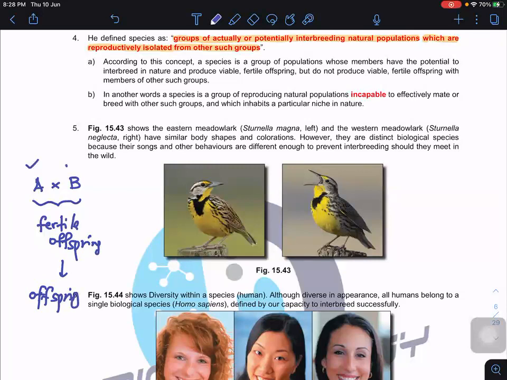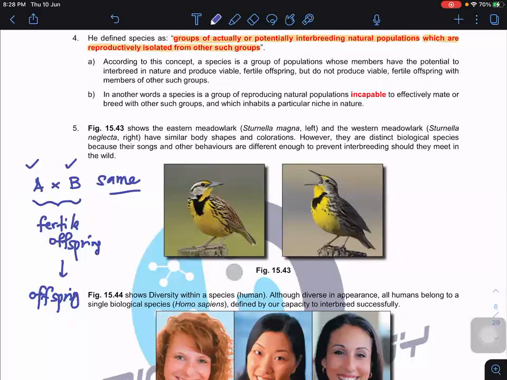That is the idea of the biological species. Are you clear? If they can produce fertile offspring, meaning the offspring can continue to produce offspring, then both of them are the same species.